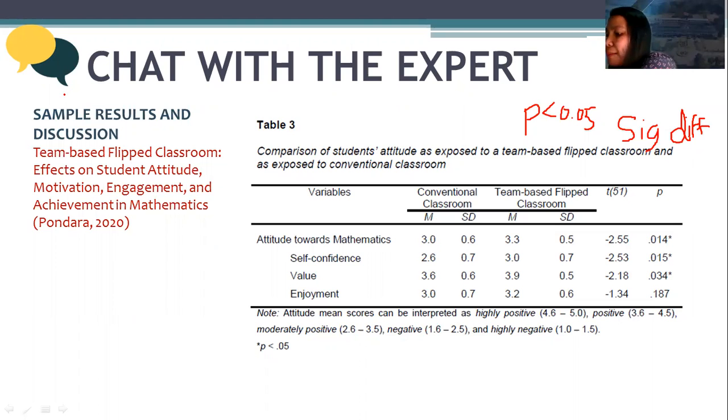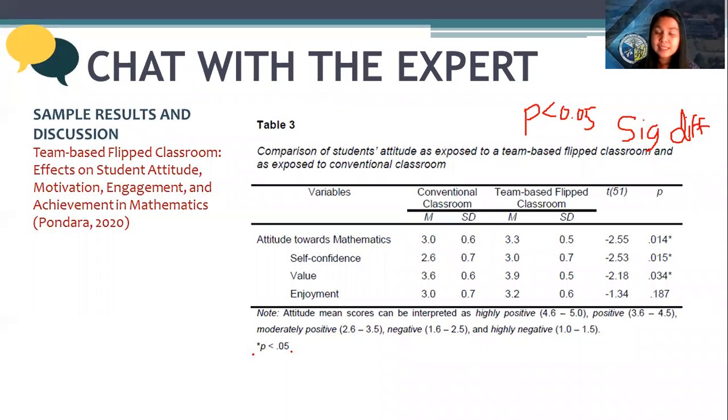Now, remember that the significance value must be less than 0.05 for it to be significantly different. So if it's greater than 0.05, what will happen? It means that they are just the same. So how do we mark that?